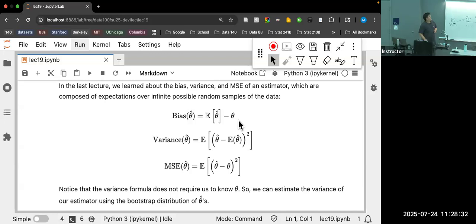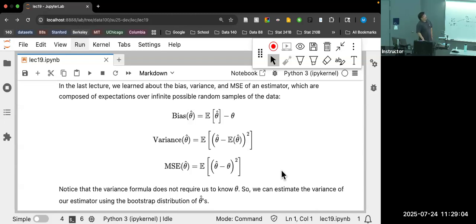And we said we cannot compute numbers for these quantities because we don't know the underlying data generating process. We don't know what theta is, or what mu is. So how can we compute, say, the expectation of our estimator or the variance of our estimator? We don't know the distribution that's used to generate our data.